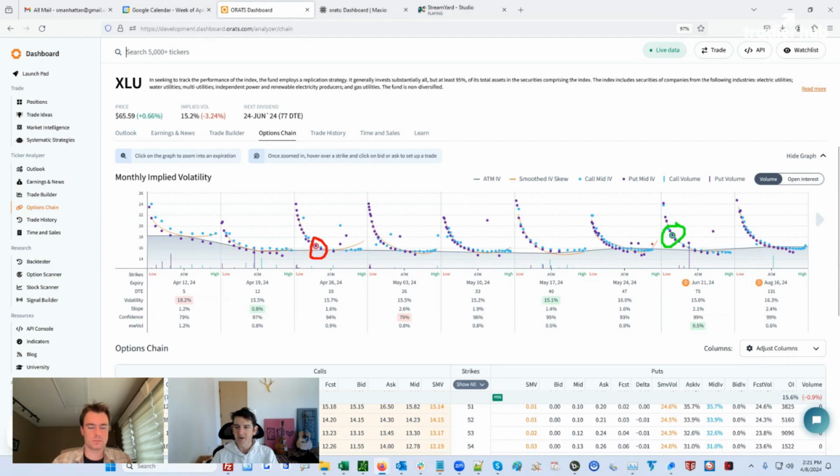We are, of course, buying a little bit of vega there, but not so much, because there's more vega as you get closer to the money, and we're a little bit far out of the money here. What we're hoping to see is the skew steepen, and we will make money on the skew steepening, and also if the stock sticks around here.